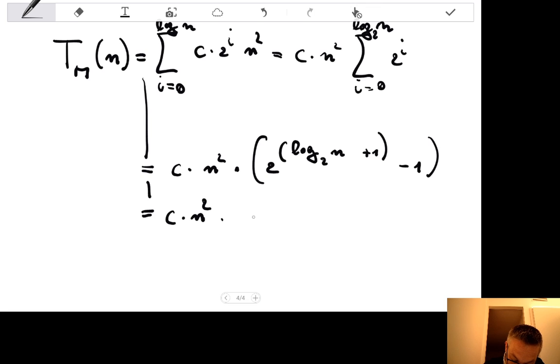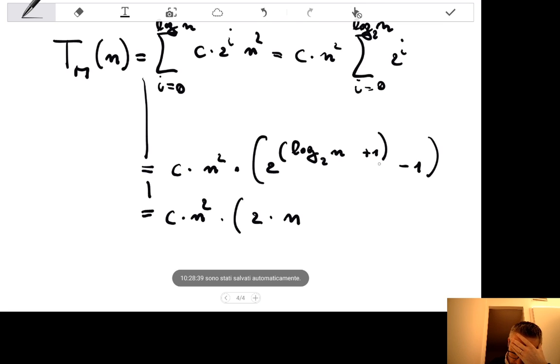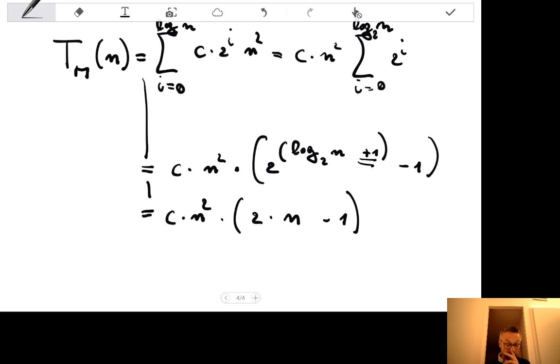So now 2 to the power of log base 2 of n is of course n, and this 2 is due to this plus 1 minus 1. So the complexity of our divide and conquer algorithm is this one.